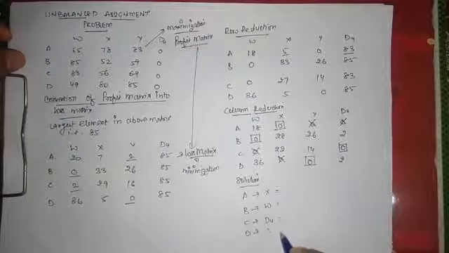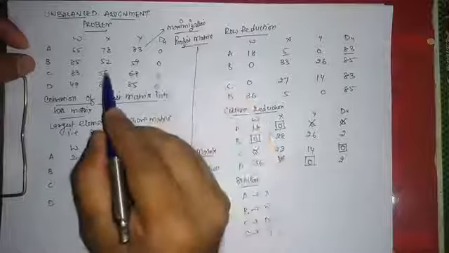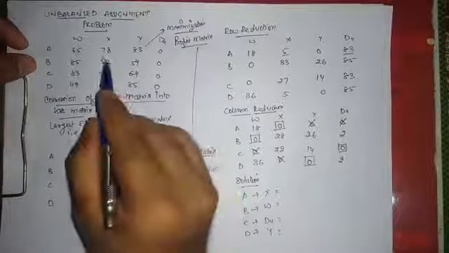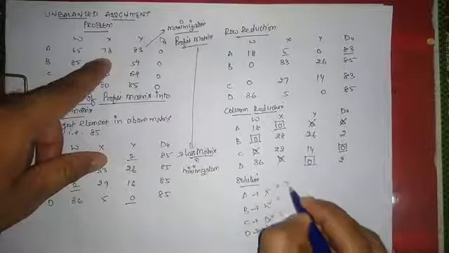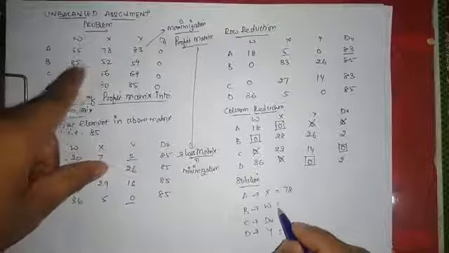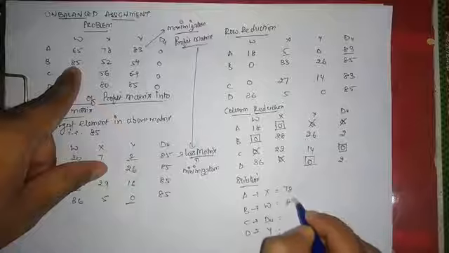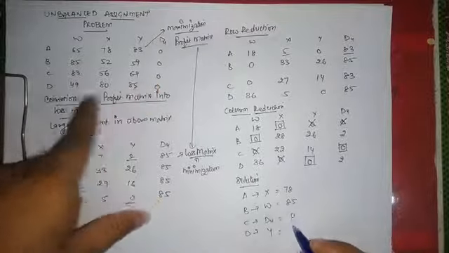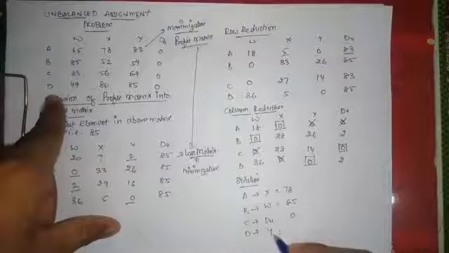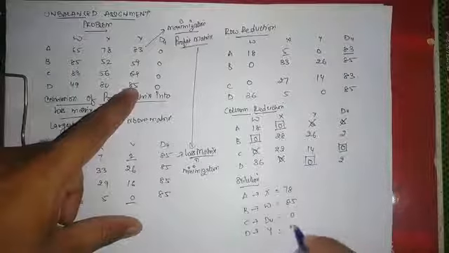First of all, let's put a value, and we are going to put the values here from the original matrix. So A to X, that is 78. Thereafter B to W, that is 85. Thereafter C to dummy, that will be 0. Thereafter D to Y, 85.